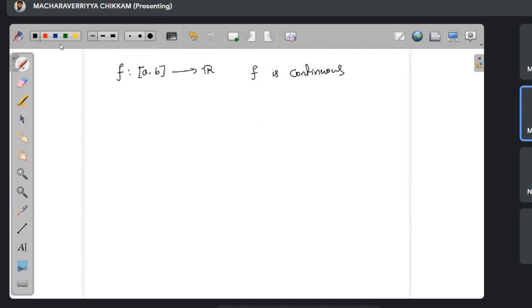When f is continuous, let's see the graph of it. Let me assume that the point A is here, and the point B is here.